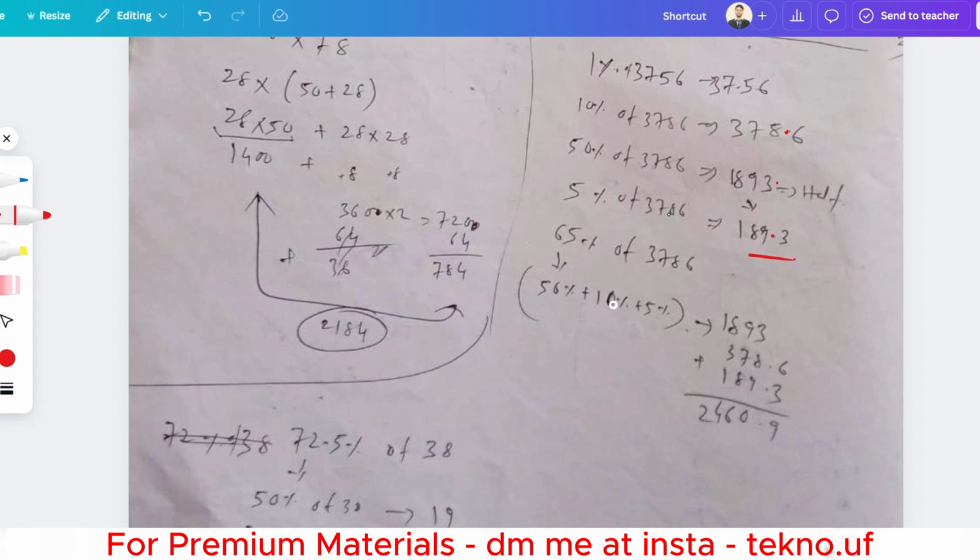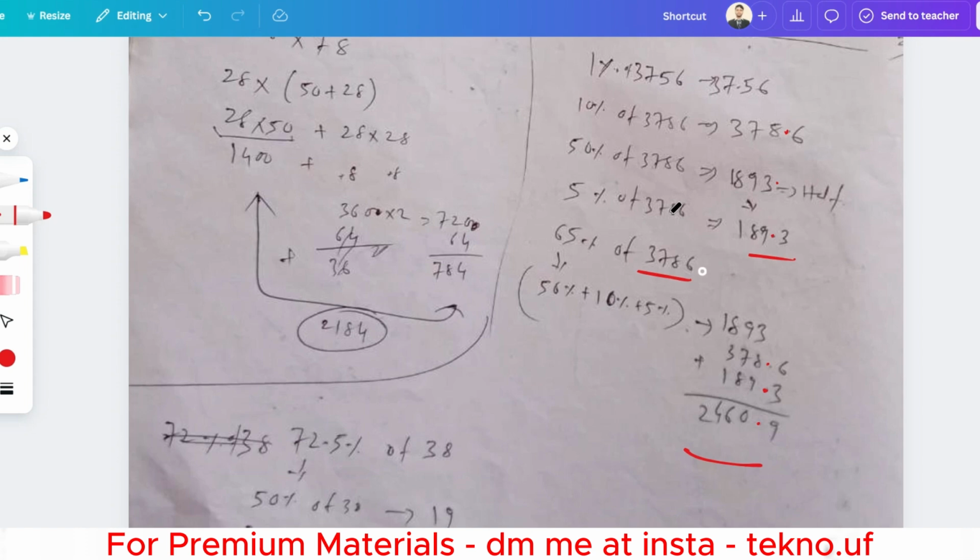And 10% of this number, if 100% is the number itself, then for 10% the dot will be here. And what is 5%? As 50% of this number is this, then 5% will be just one dot shifted here. I hope you understood what I'm telling you. Just add these numbers and that will be the 65% of 3756.